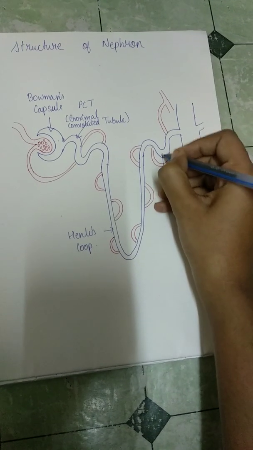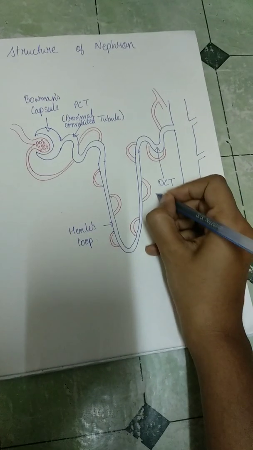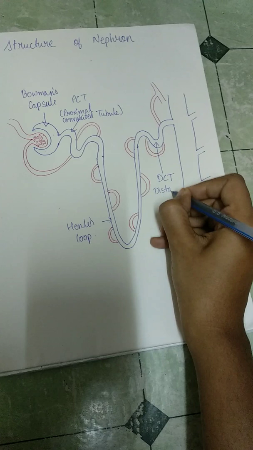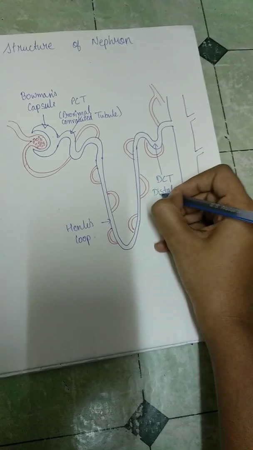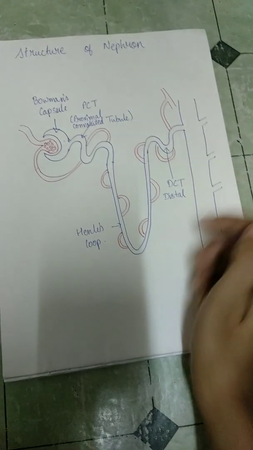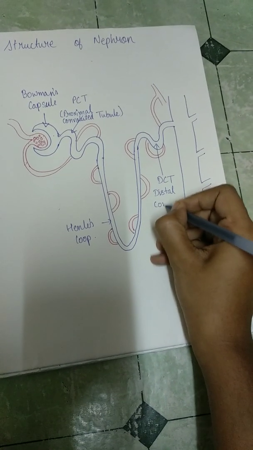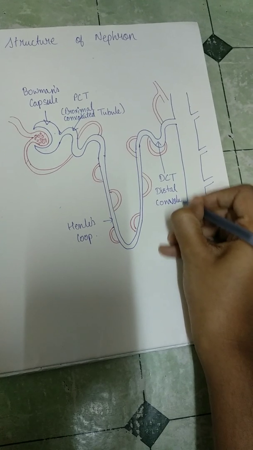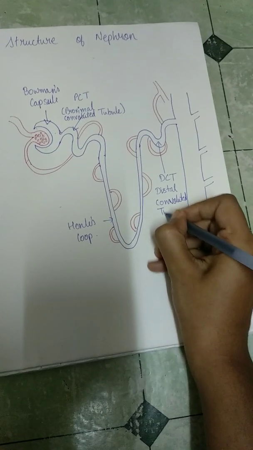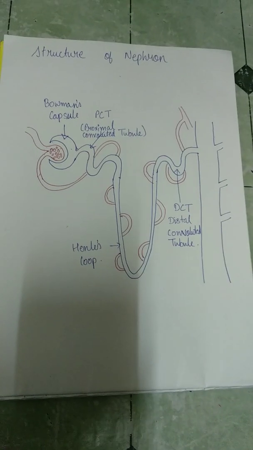Next, this side of the coiled structure is DCT. Here D will stand for distal. Distal means far. Because it is farther from the Bowman's capsule, we call it DCT, distal convoluted tubule. Convoluted means coiled, and tubule.